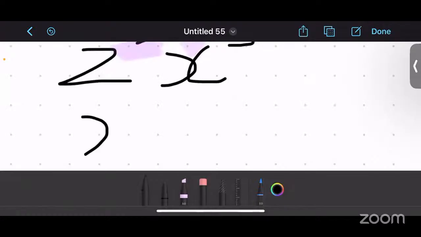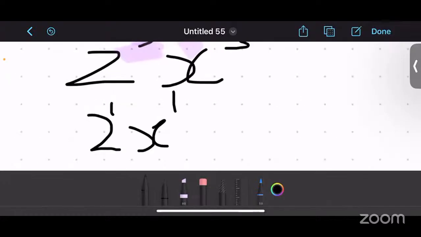So we have 2 to the power 1, x to the power 1. But in mathematics, we don't write something to the power of 1, because it's an assumption, it's obvious that if it's just a number or just a letter, it's to the power of 1.